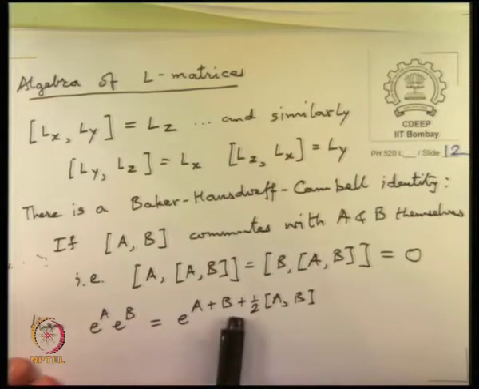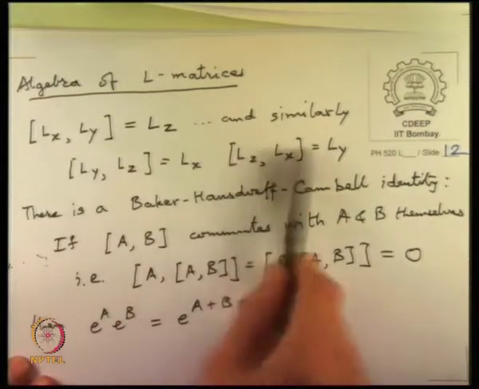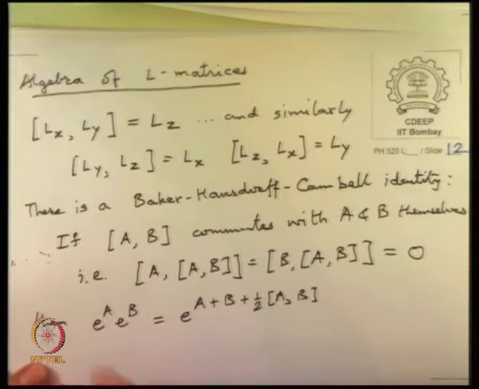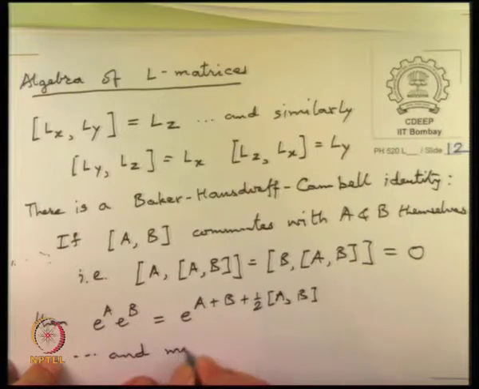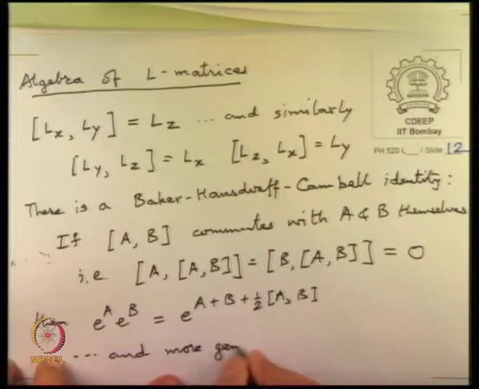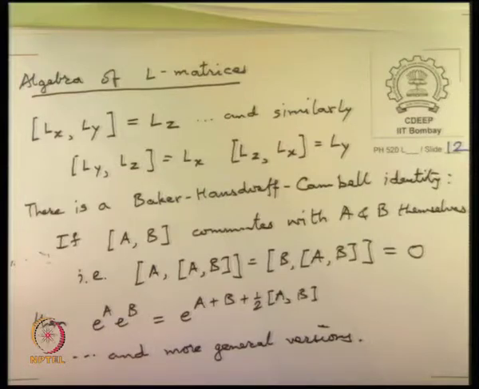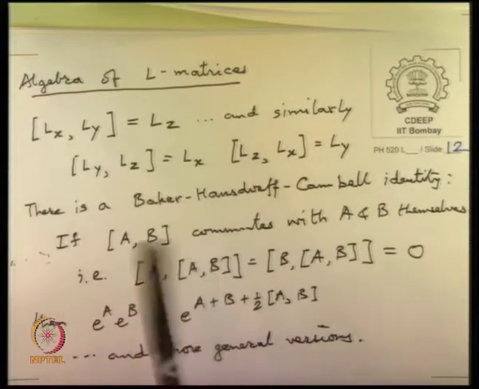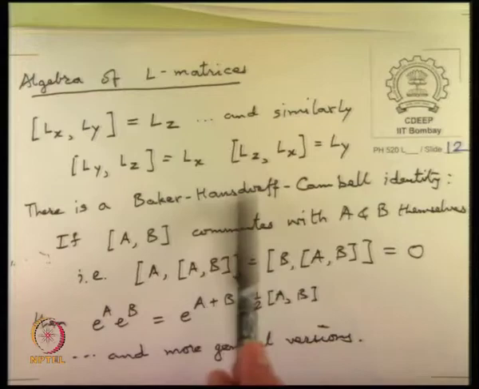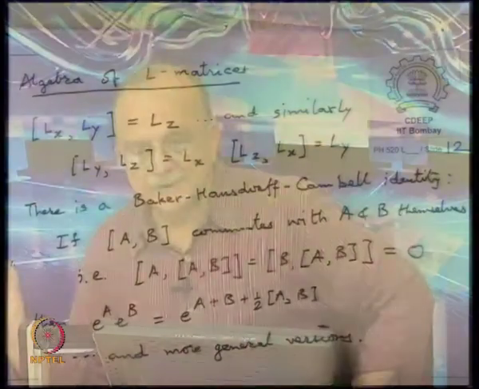So if we know the algebra of Lx, Ly, Lz, and more general versions, and it is a closed algebra, then you can always exponentiate it and expect it to tally with your n cap notation.